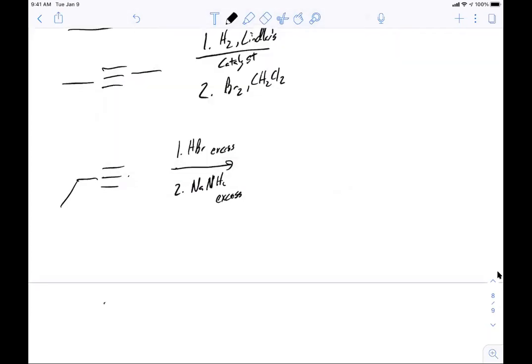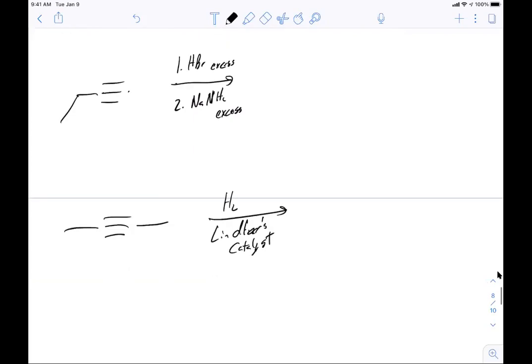It's going to be a little easier if I start over again down here, so we can show what's going on. Lindlar's catalyst is a poison catalyst, but it's still a metal-based catalyst, which means that the first product we get is the cis alkene.